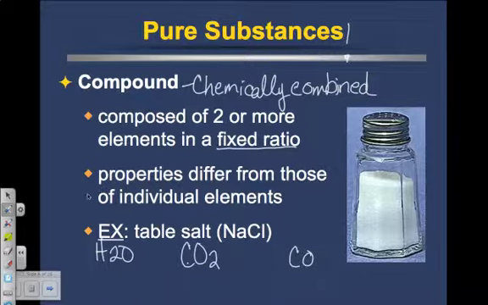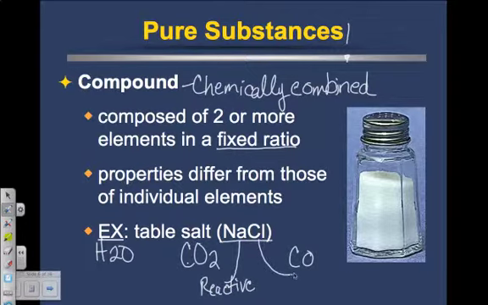Okay, so the properties are going to be different from the individual elements. Even though you've got two or more elements in there, the compound will be vastly different from those elements. So if you're looking at salt, that's sodium chloride. Sodium, if I put it into water, is very reactive. It's almost explosive in water.